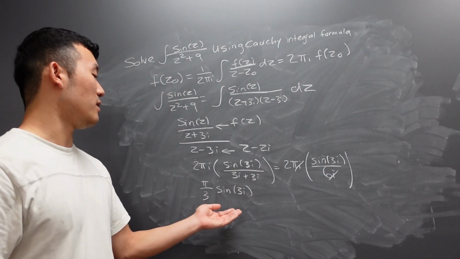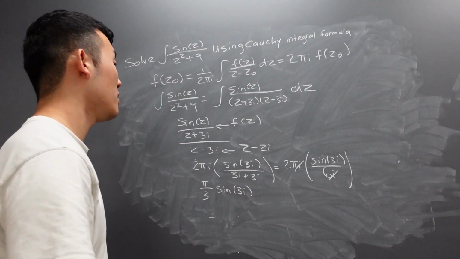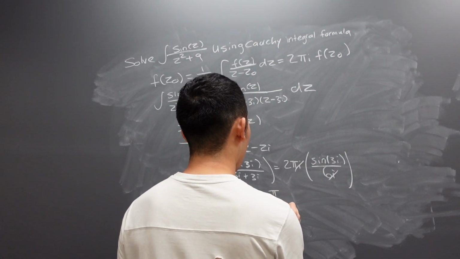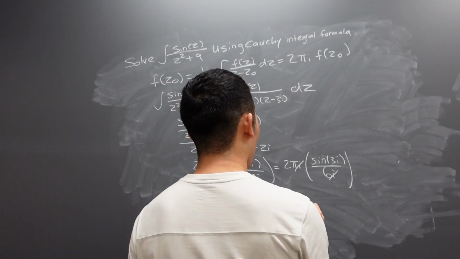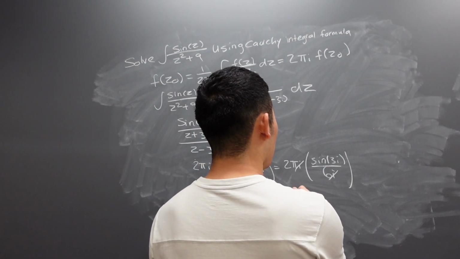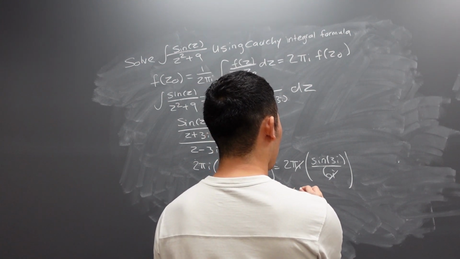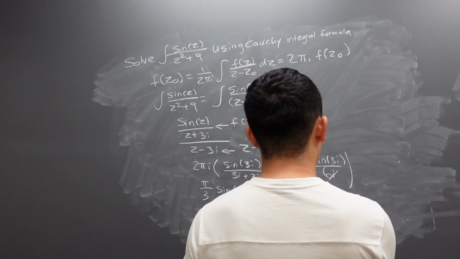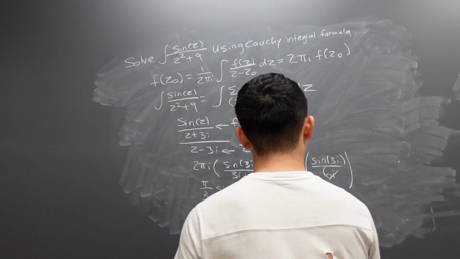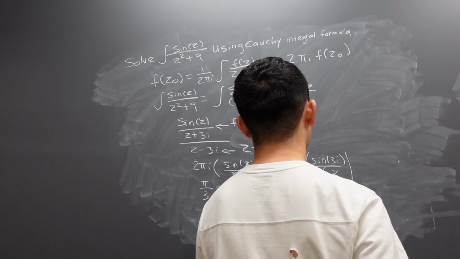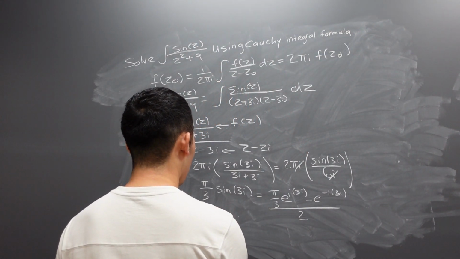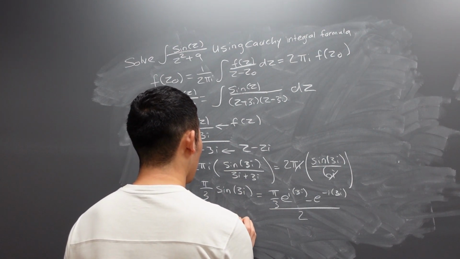And now we could write this in hyperbolic functions. So this would be pi over 3, and sine of 3i would be e to the i times 3i, minus e to the negative i times 3i, over 2. And then from here we can simplify.